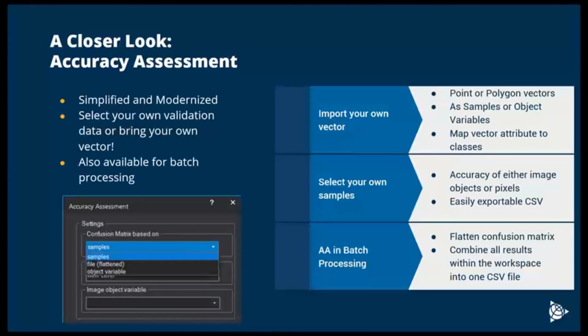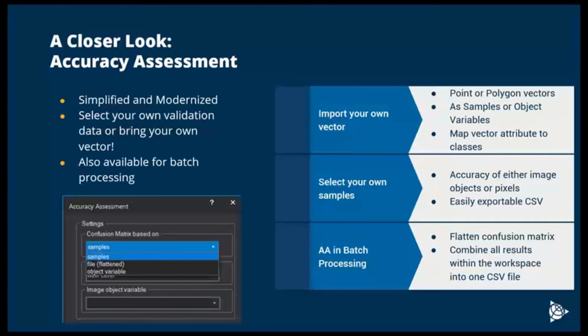And lastly, we will take a closer look at the accuracy assessment. For those who haven't done it before, it can be a little bit confusing because the traditional way of doing accuracy assessment involves using the sample layer, which objectively can be confusing: if part of your classification process is selecting samples, using the samples again for accuracy assessment is not necessarily intuitive.